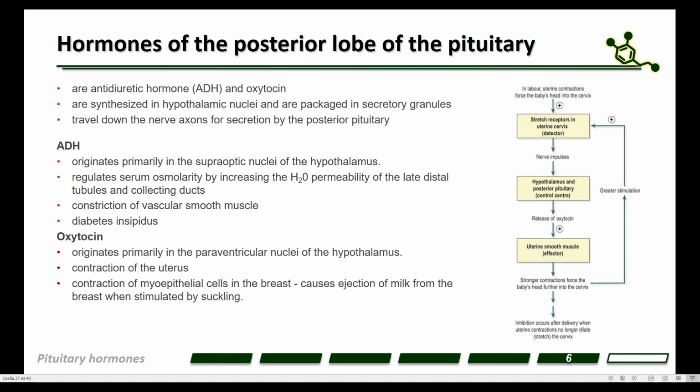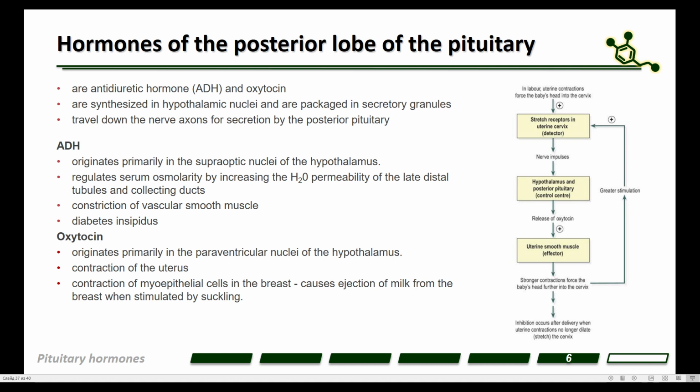So let's talk about functions. The antidiuretic hormone comes mostly from the supraoptic nuclei of the hypothalamus, and it's responsible for the regulation of plasma osmolarity. How could osmolarity be regulated? By increasing permeability to water in the distal convoluted tubules and collecting ducts.